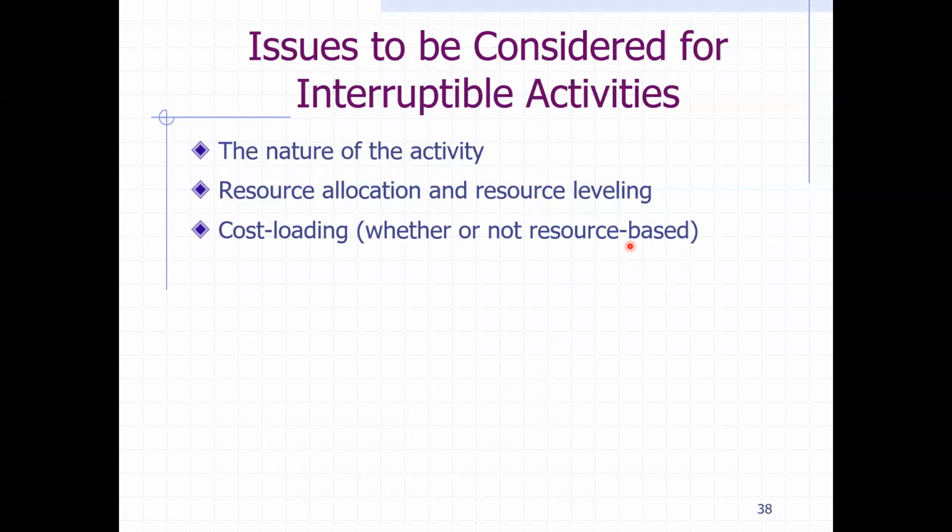Then cost loading goes hand in hand with the resource allocation and cash flow. If you're going to submit your work for progress payment, how is that going to affect your work? If you're going to split these activities, and in the work package they don't look at it this way, they look at a complete activity being done.